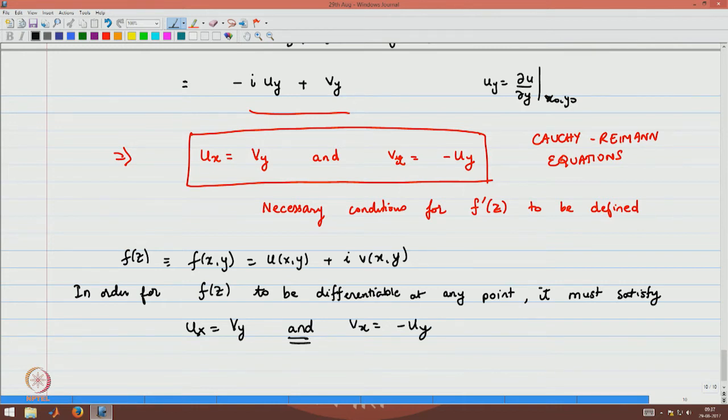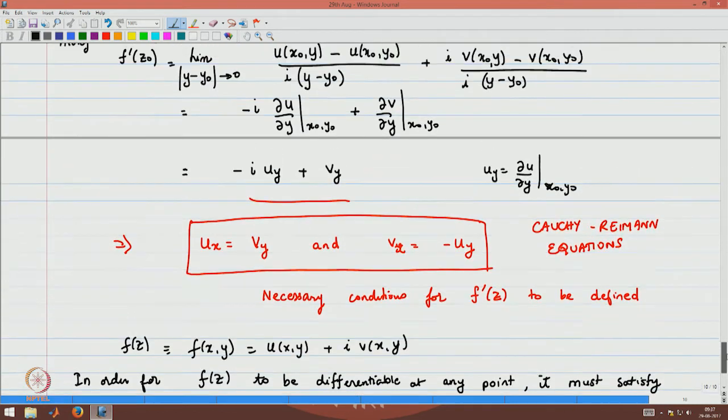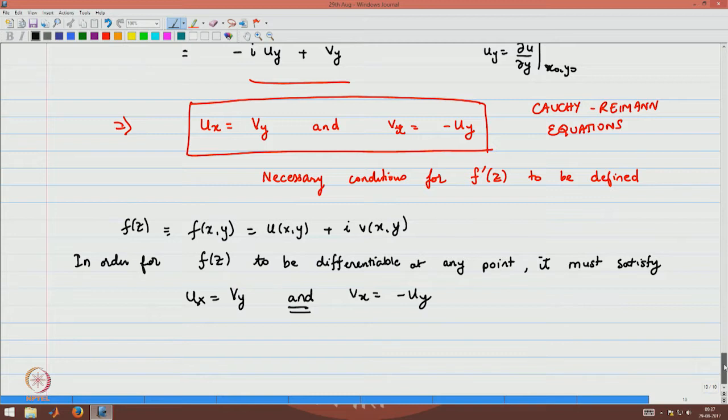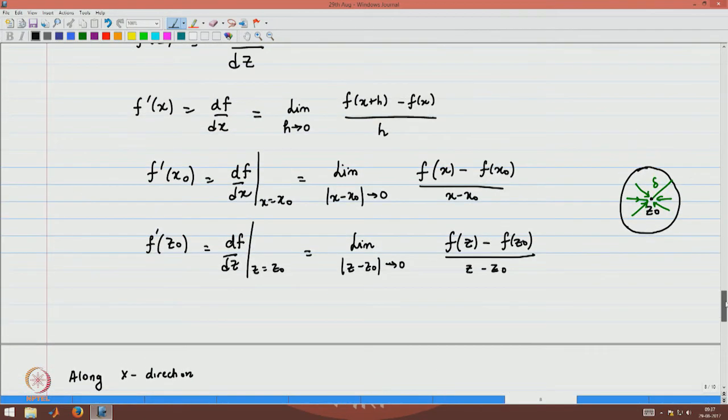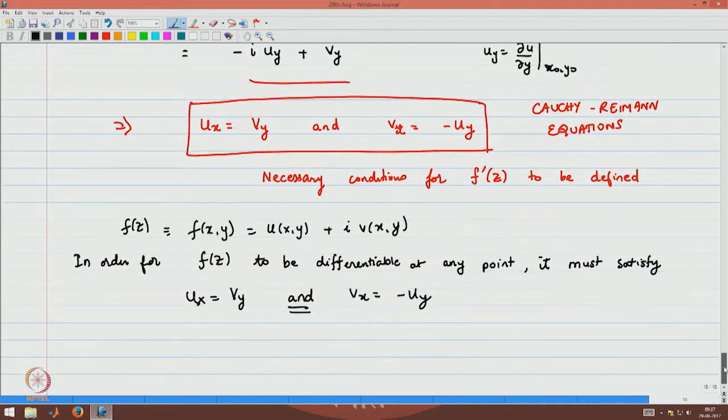Okay. And by doing this exercise, you realize something very interesting, that not all functions, if you just write some arbitrary function, then it is not going to be differentiable. Okay. So, differentiability in a complex plane is actually quite a strong statement. Okay.